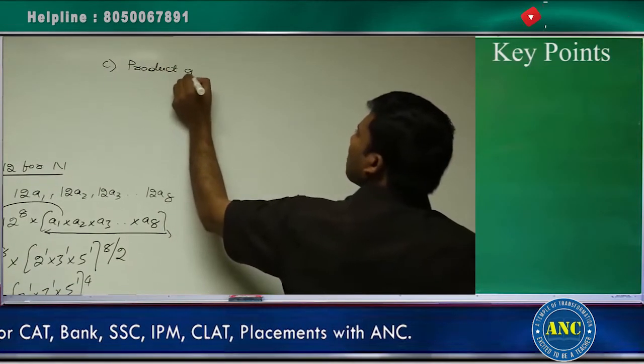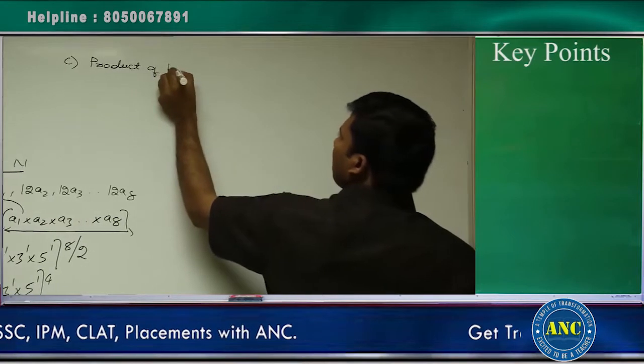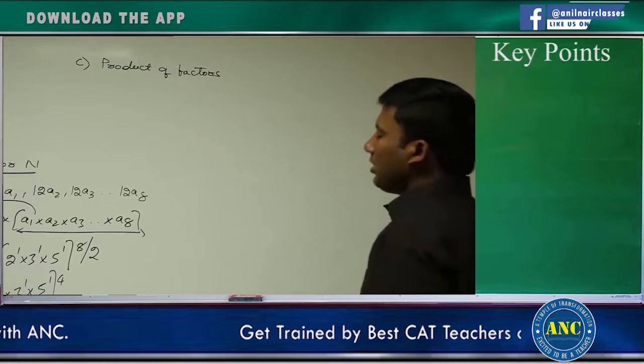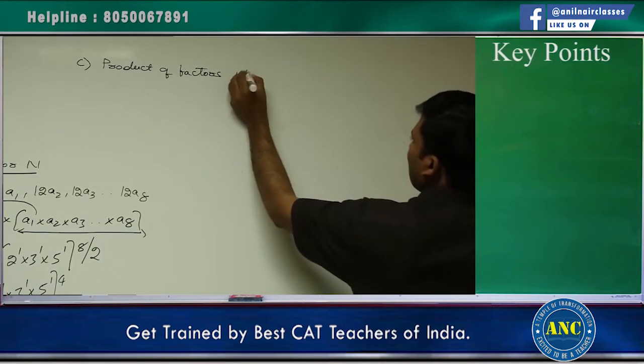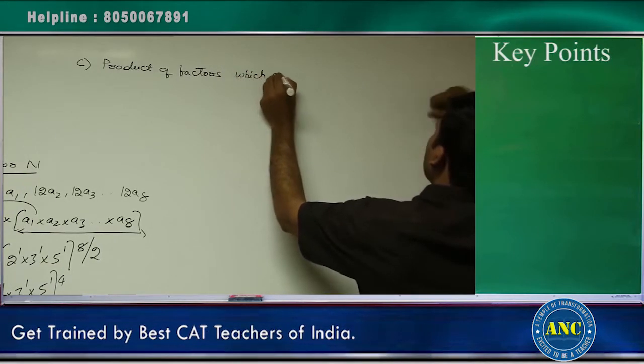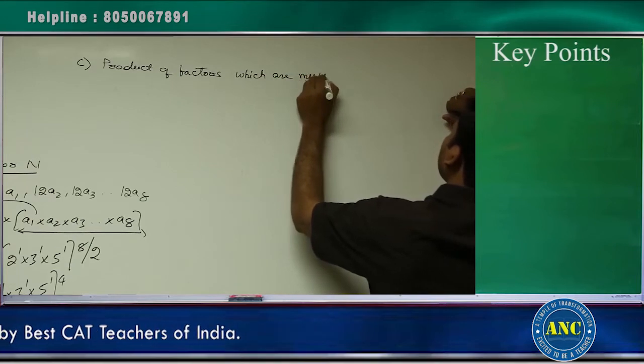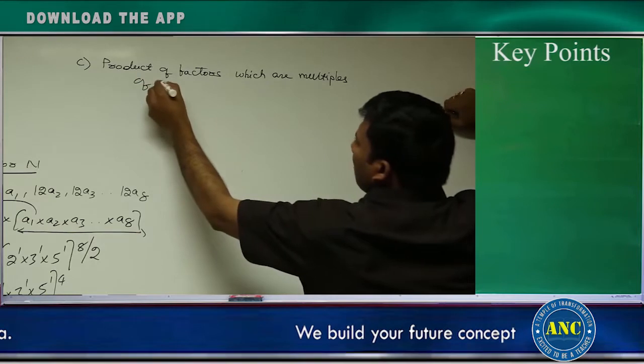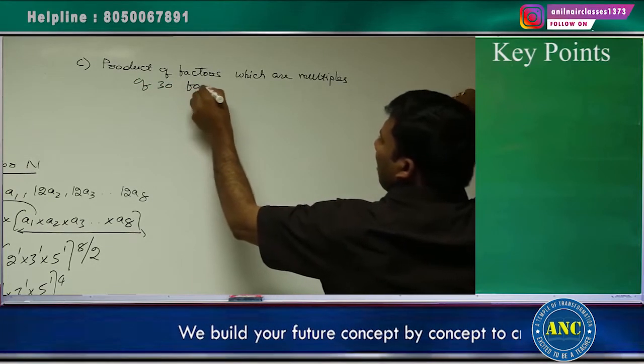Product of factors which are multiples of 30 for n.